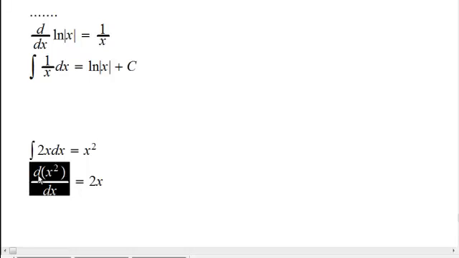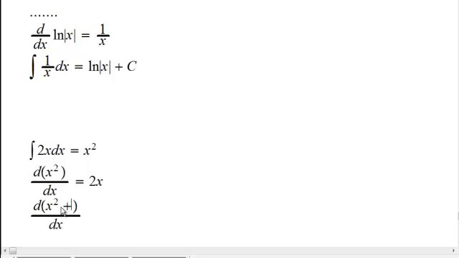Now, if I give you this function, x squared plus say 7, what is the derivative again? Simply 2x, all right? So if I add any constant over there, it's not going to matter, right? Okay, makes sense? Yeah. Good, very good.